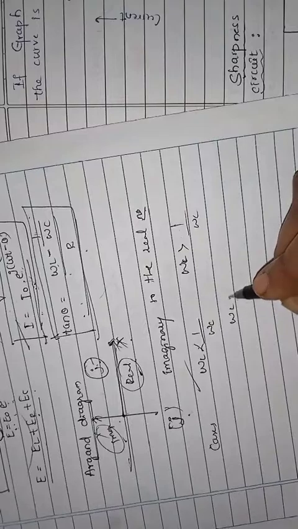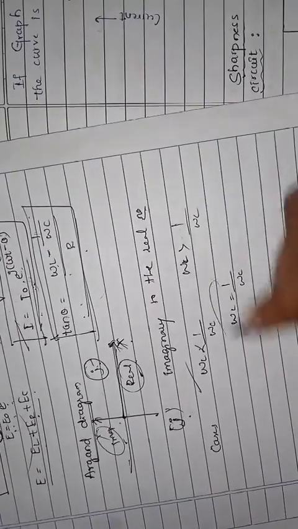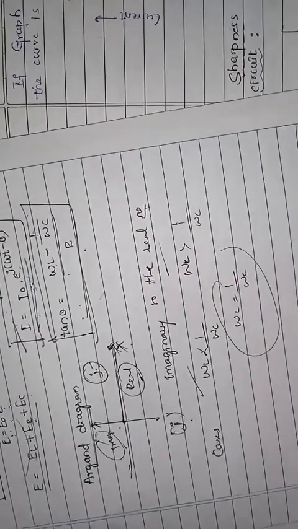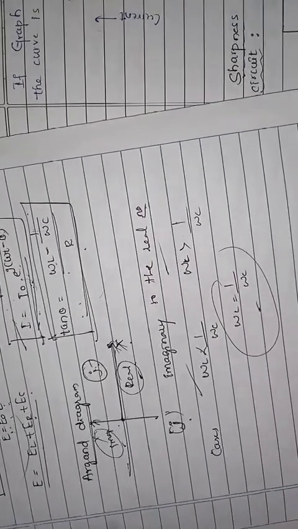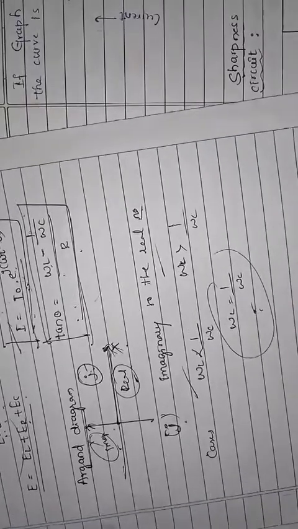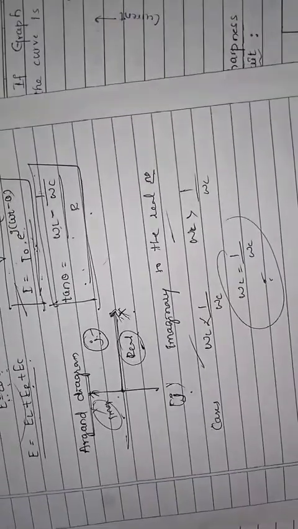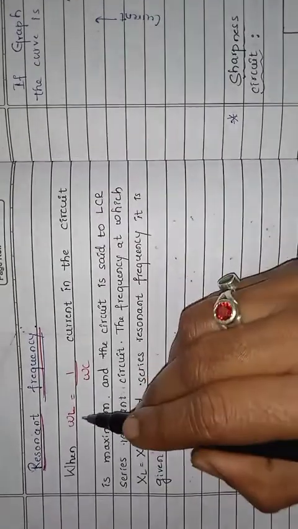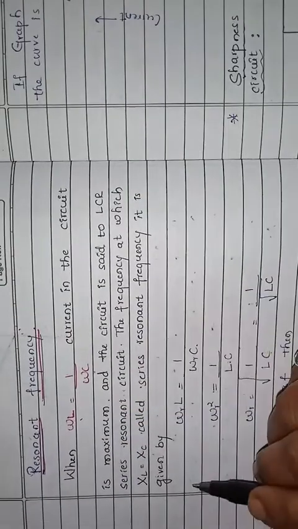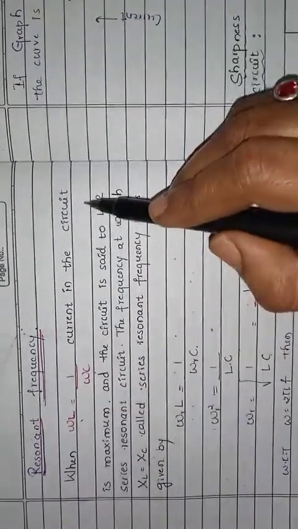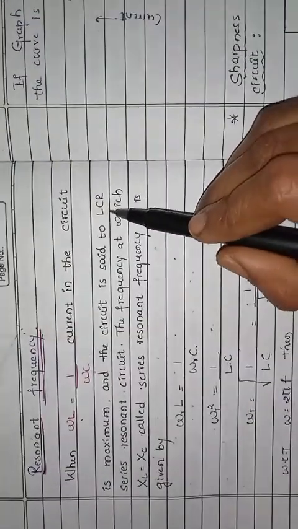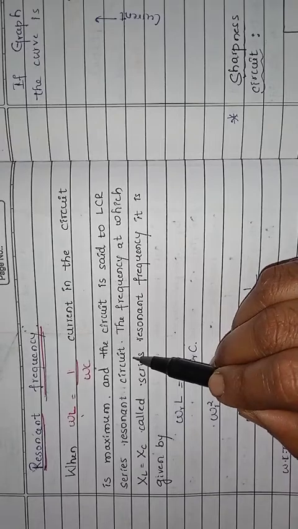Another one is omega L is equal to 1 by omega C. These were the three cases that we had discussed. Let's take this third case. By considering this third case, we can solve for the resonant frequency. When omega L is equal to 1 by omega C, the current in the circuit is maximum and the circuit is said to be an LCR series resonant circuit.